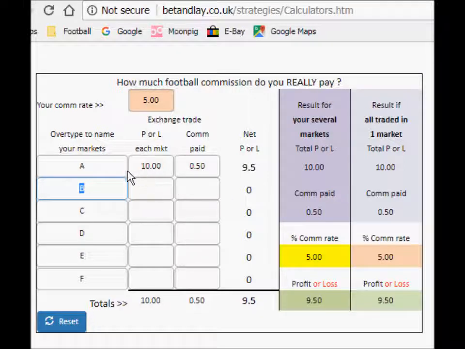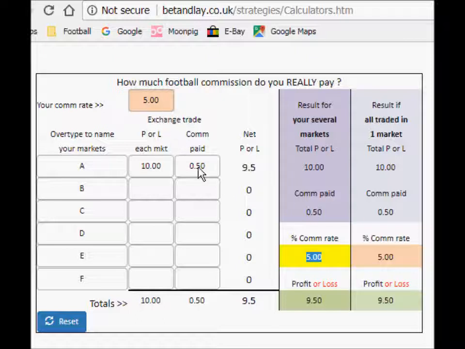Now these markets that you put in here are added together, so you get your gross profit at the bottom, your commission that you've paid, and the profit that you've made overall, and then the commission rate for those markets combined is worked out in this column here. This dark purple one in that yellow cell, that's your commission rate.